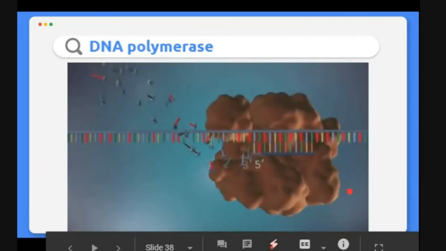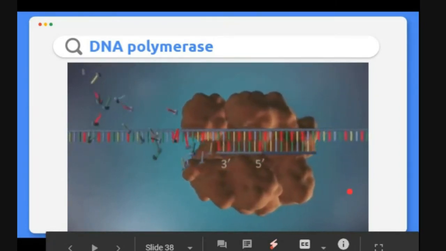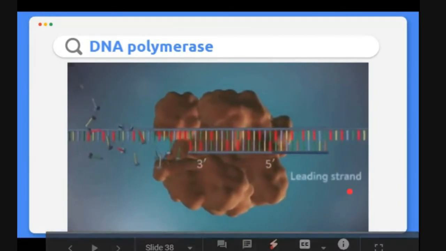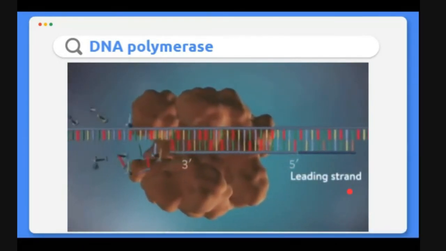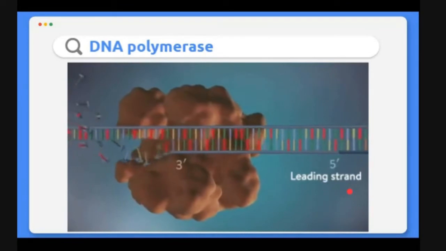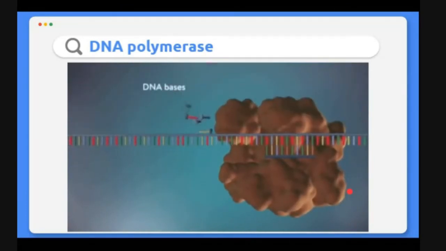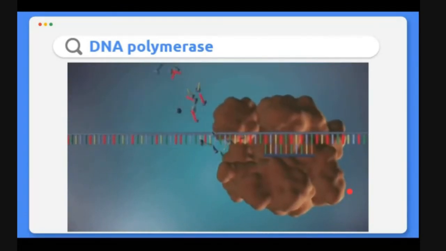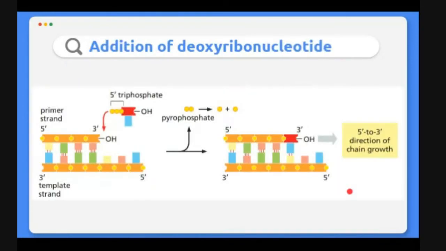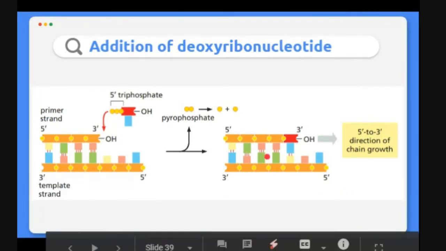Okay? Remember, anti-parallel yung DNA strands mo and meron kang leading and lagging strand. And in the leading strand, continuous yung synthesis ng DNA mo. So ito, tingnan natin in a closer way yung pag-add ng deoxyribonucleotide.